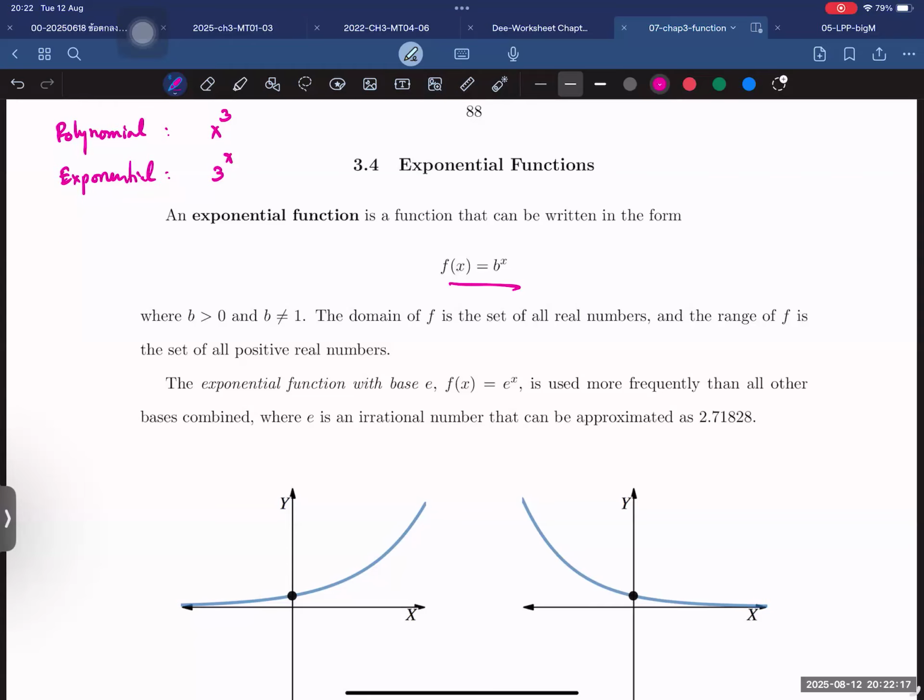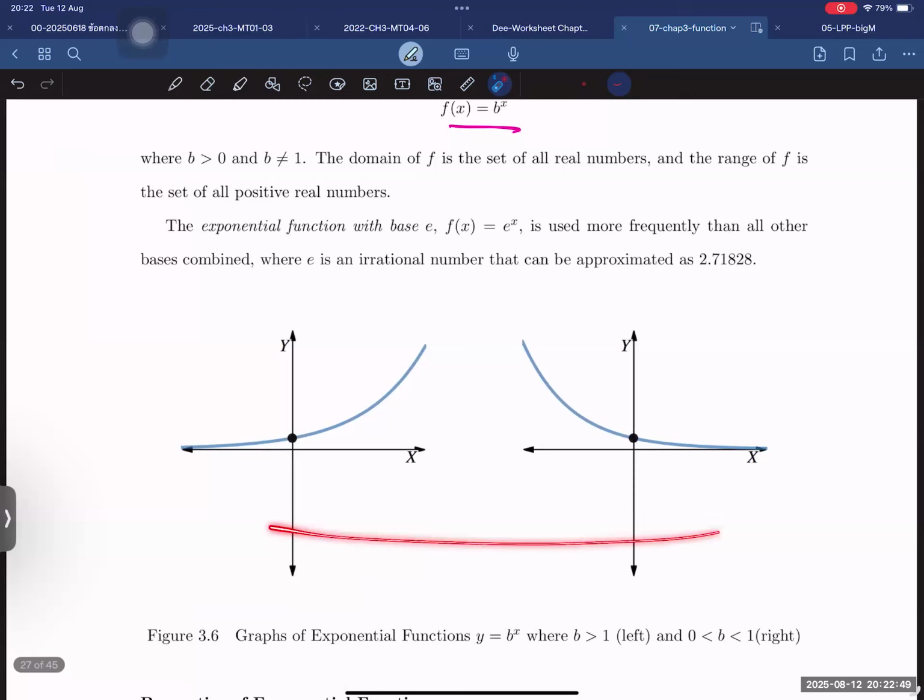So these two are different. Make sure that you understand how these two are different. So a polynomial takes x as the base, but for an exponential, the base is just a constant and the power is the variable. Okay? So b is a constant, so b to the x is an exponential function.